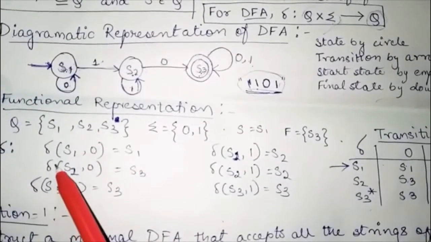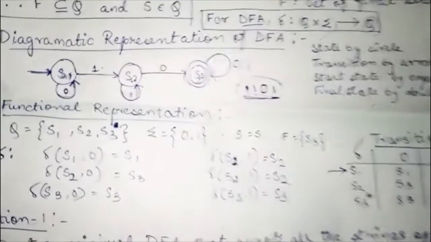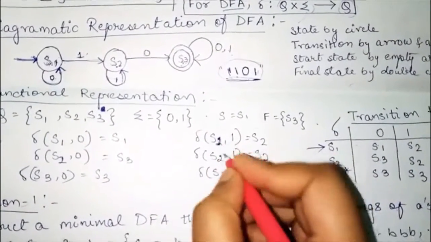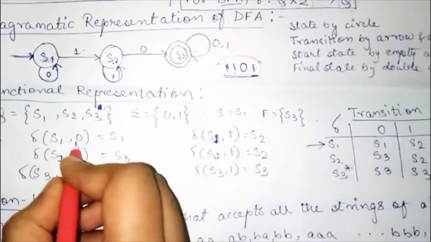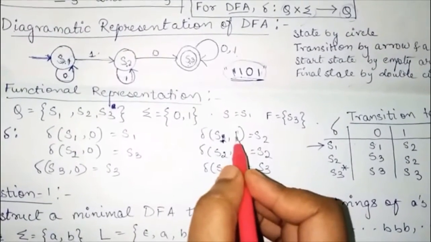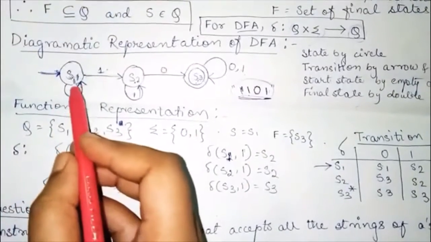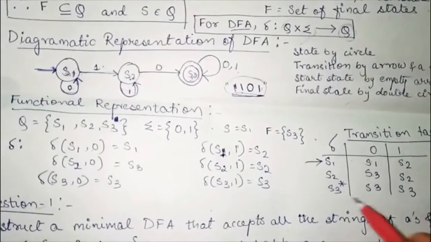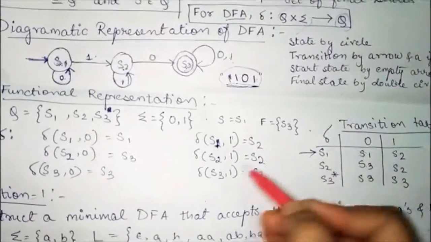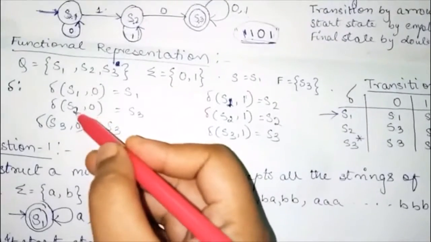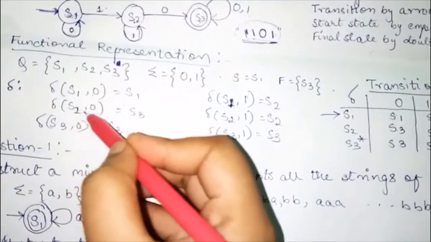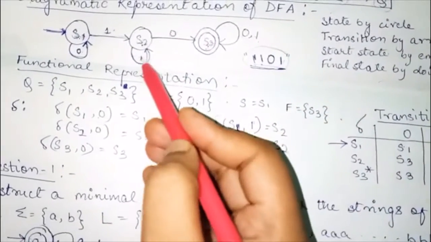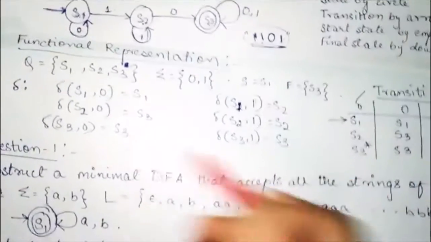And again for delta of S1 comma 1, for 0 we have seen here, for 1 it is S2. Similarly, for all the states we have done, for S2 comma 0 it is S3, and S2 comma 1 it is S2.